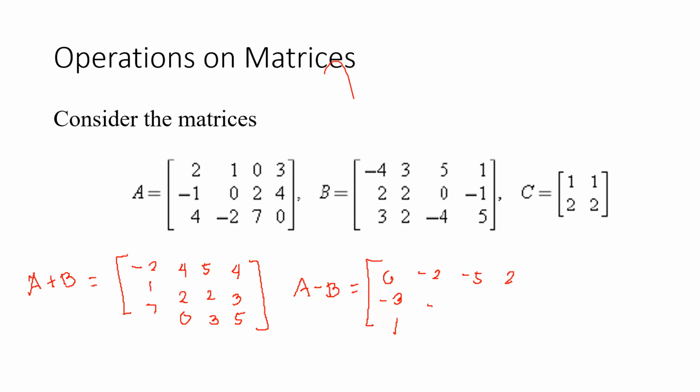Here you have negative 2, 2, 5, negative 4, 11, negative 5. So the expressions A plus C, B plus C, A minus C, and B minus C are undefined because they are not of the same size.